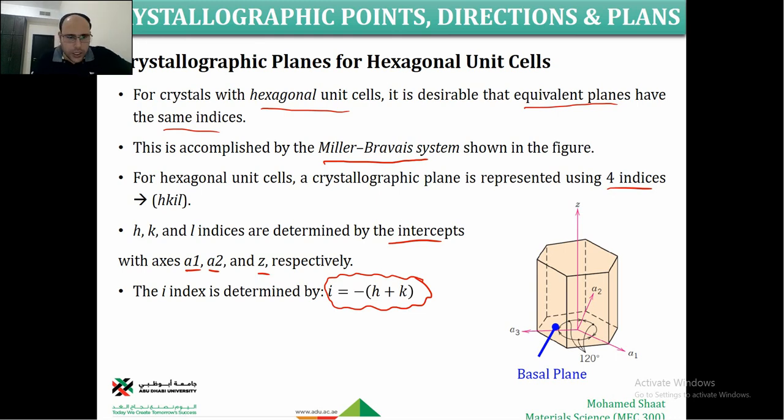H is the intercept with A1, k is the intercept with A2. The negative of their sum gives us the I index, which should be the intercept with A3. So if you can identify the intercept of the plane with A3, that is fine, or you can directly calculate it. You should end up with the same value.